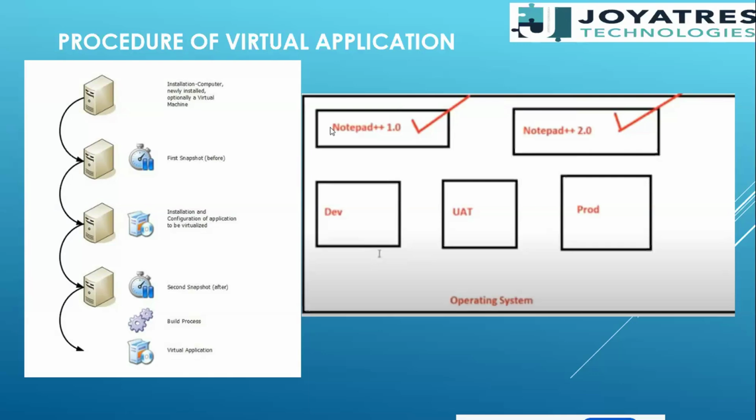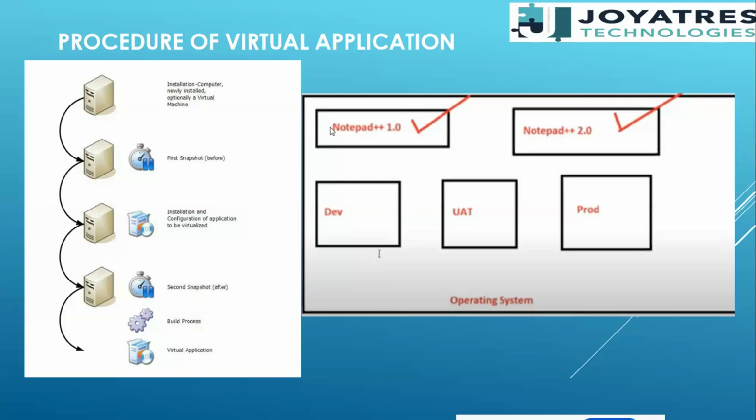Okay. So the other advantage of using an AppV application is you can have the same application with different versions at a time, which is not possible for a physical application. For example, Notepad plus plus 1.0 and Notepad plus plus 2.0. It is the same application but two different versions. Because AppV is not going to install it into your physical system, you can have multiple versions at the same time.